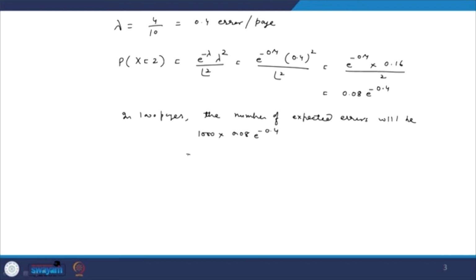So, that will be further equal to 80 into e raised to power minus 0.4. So, this is your required expected number in 1000 pages.